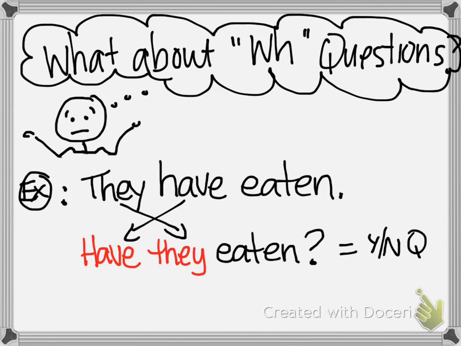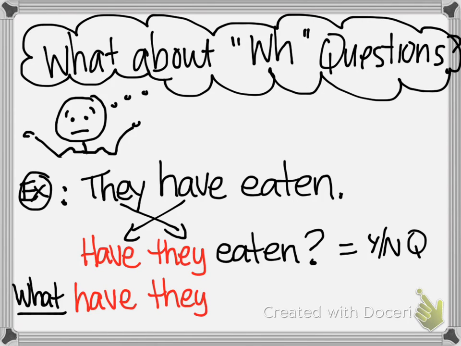Now, what if we want to make a WH question? Well, that's really easy. All you have to do is put a WH right in front of the whole question. So, for example, we could say, what? And then we would simply copy our yes or no question to complete the rest of our WH question.